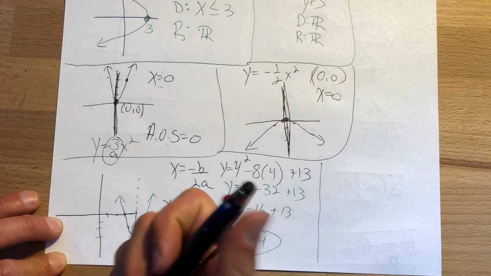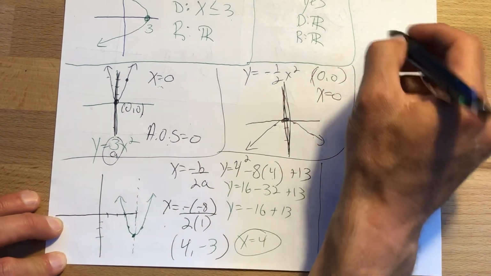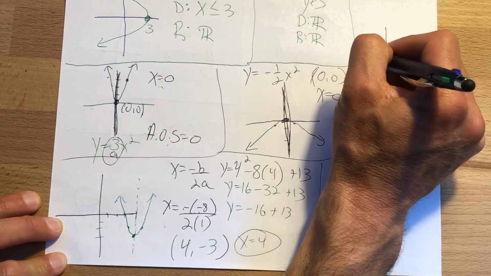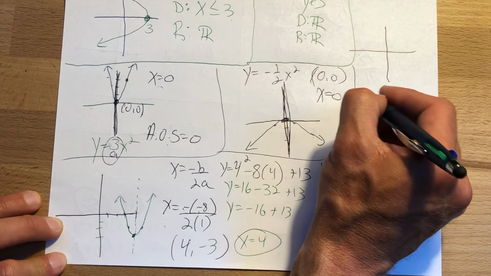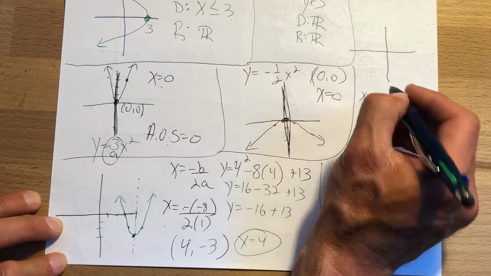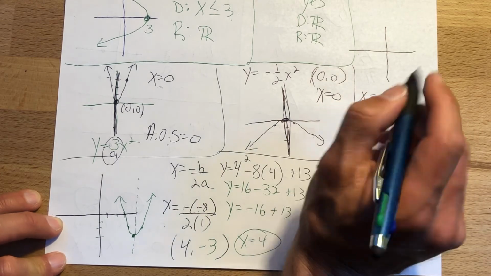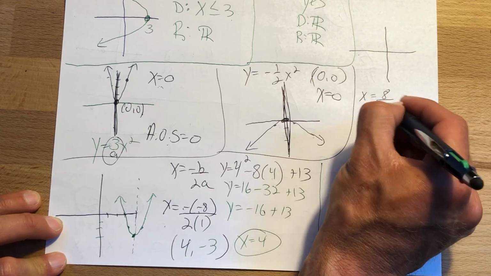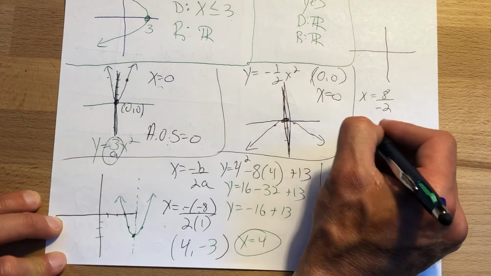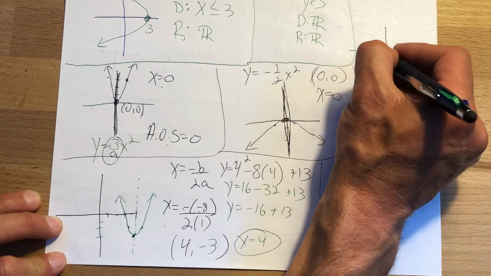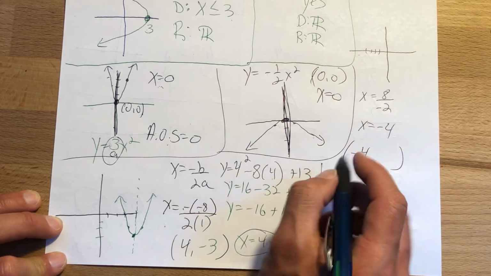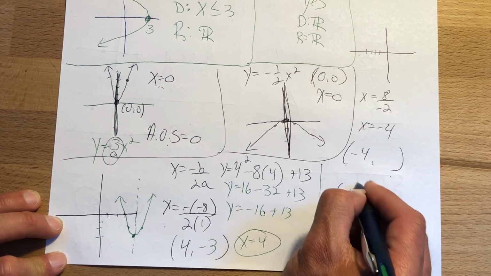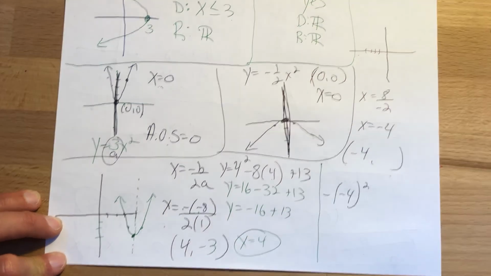Okay, now, the next one, we're going to do the same thing. X equals negative b, negative 8 over 2 times a, which is negative 2, to give me x equals negative 4. We're going to plug a negative 4 back into the equation.